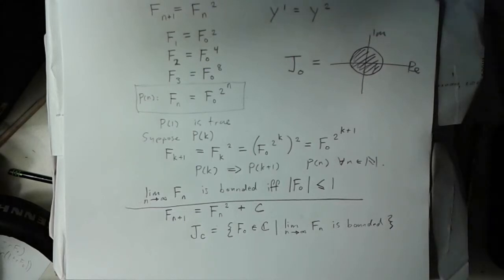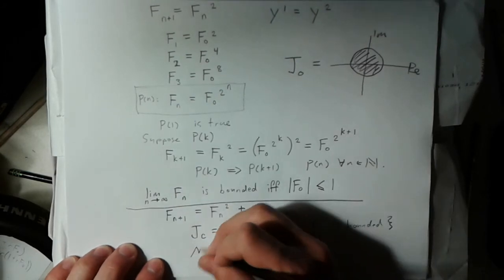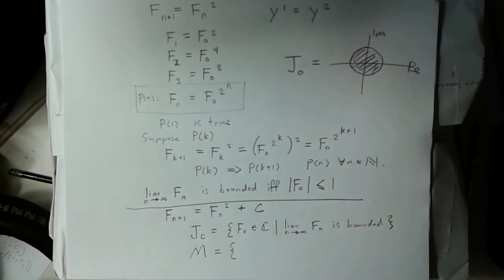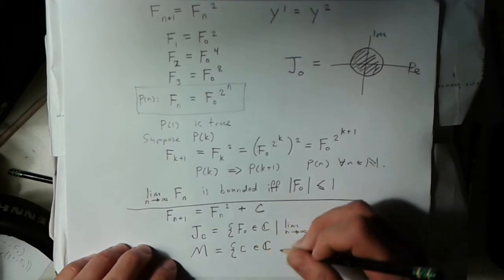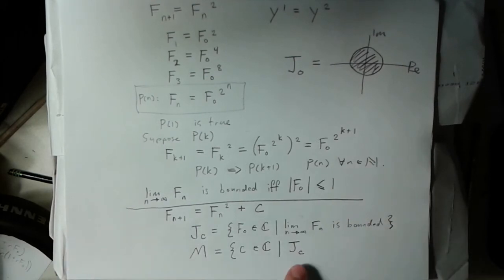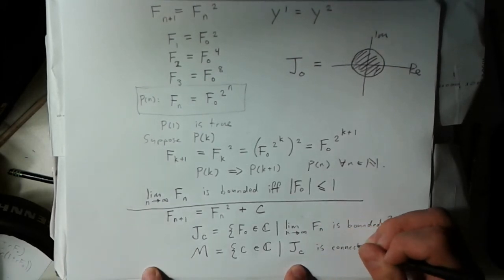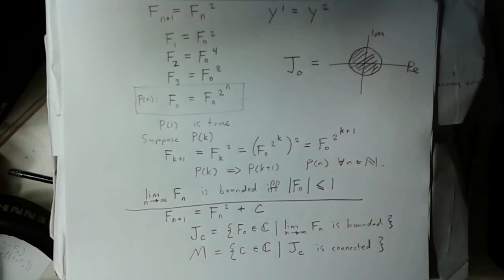So then there's this other thing that's probably the most popular fractal, which is called the Mandelbrot set, and that's just going to be the set of all C values, thinking of those as complex numbers, where the Julia set corresponding to it is connected. And so if you look up the Mandelbrot set, that's also pretty cool looking.